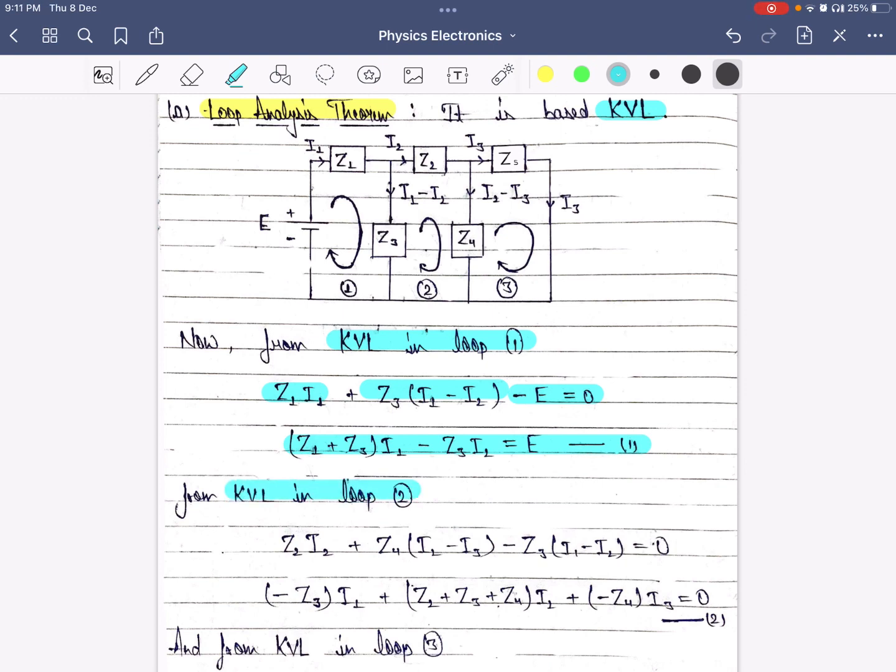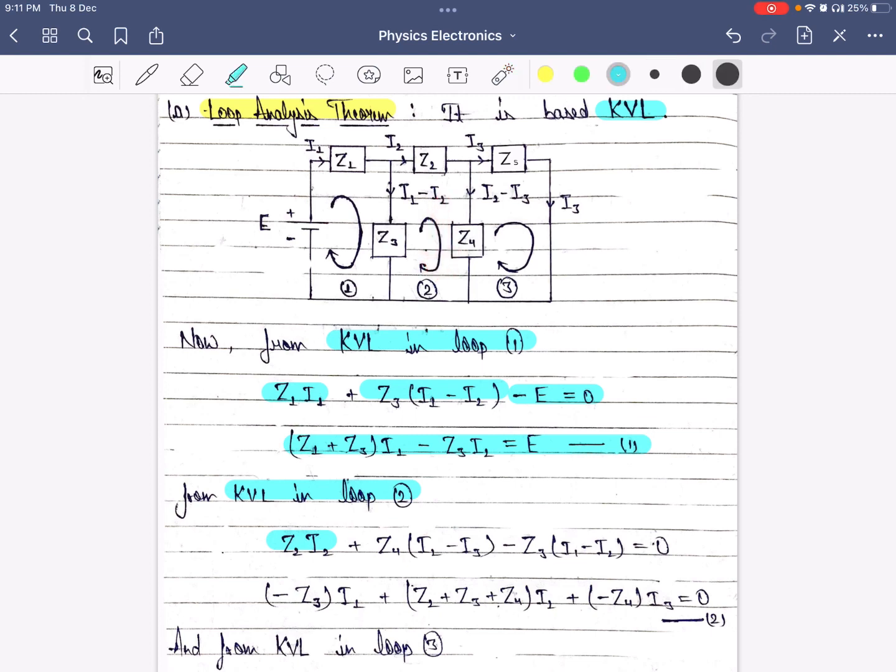Now we will apply Kirchhoff's voltage law in loop 2. So current I2 is flowing through impedance Z2 and it is in the same direction as we are traveling. So it will be positive Z2 I2. The same goes for the impedance Z4. I2 minus I3 current is flowing through it and it is in the clockwise direction.